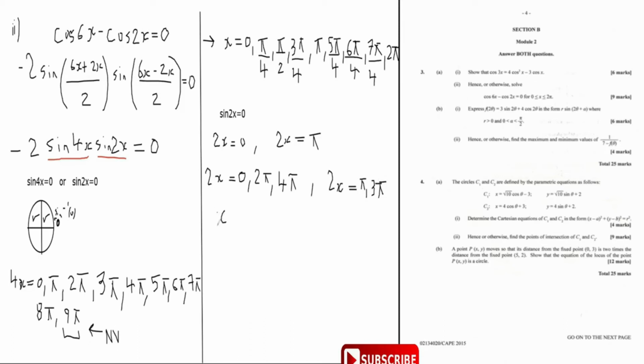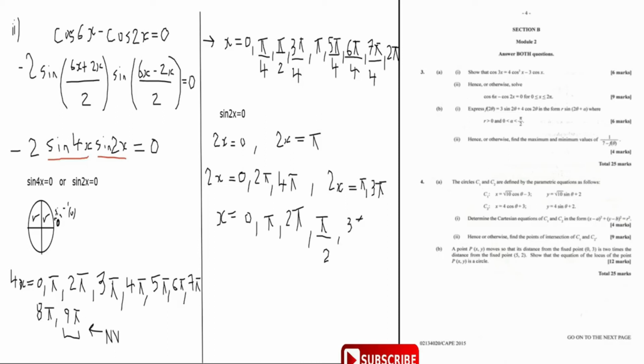From this part of the solution, we're getting x is equal to 0, or 2 pi over 2 is pi, or 4 pi over 2 is 2 pi. And from this side, you're getting that x is equal to, divide by 2, pi by 2. And divide by 2, you get 3 pi by 2.